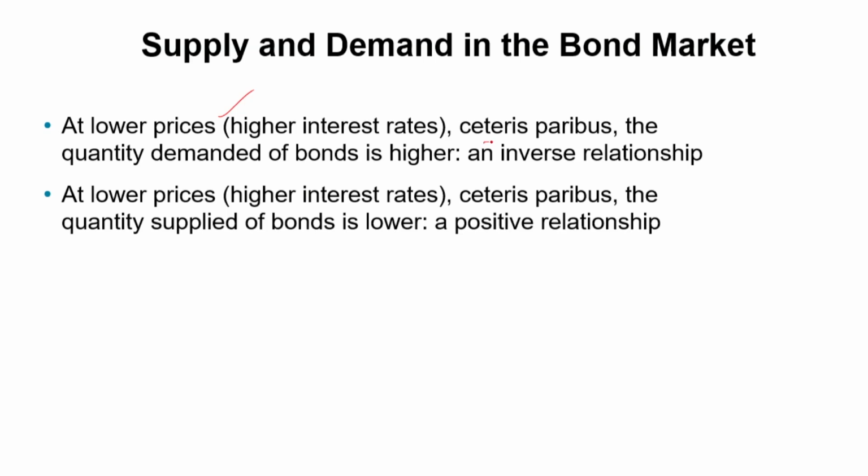Keeping other things constant, that is the ceteris paribus assumption, the quantity demanded of bonds is higher, an inverse relationship. That means at a lower price, you will be buying more. At lower prices, the quantity supplied of bonds is lower, a positive relationship.